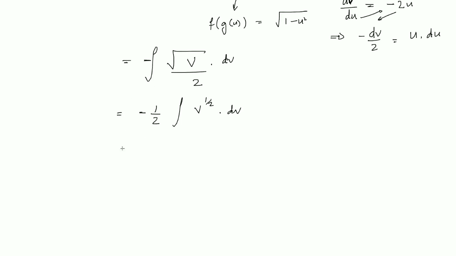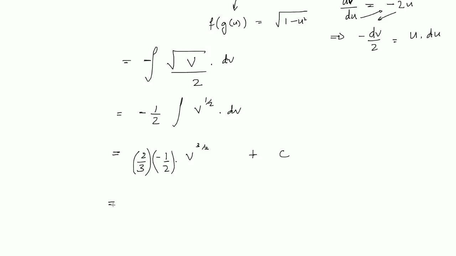This is straightforward integration. We just increase the power by 1, so half plus 1 is 3 over 2. We had times negative a half. We have to divide this by 3 over 2, so multiply it by 2 over 3. Remember to add your constant of integration, because this is indefinite integration.